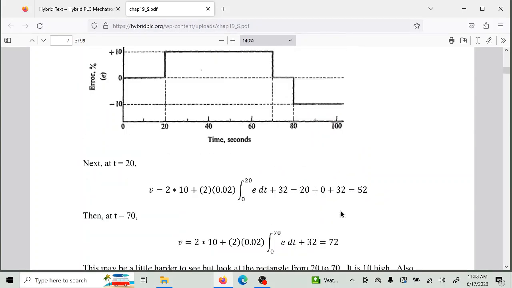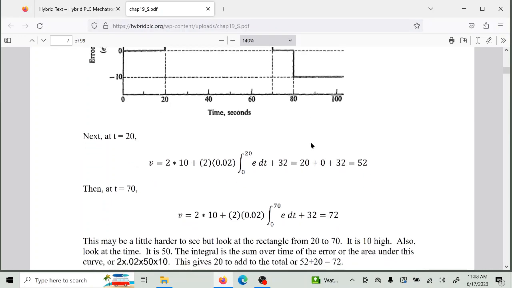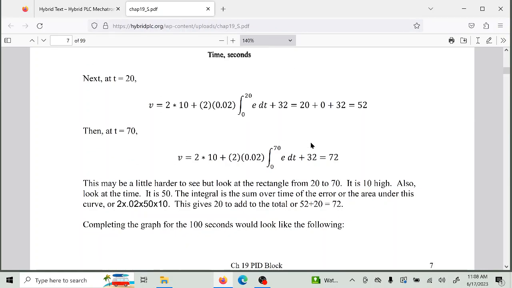Now you can complete this and start calculating the error even further. At the end of this chapter, there is an example for you to practice on as well. But basically, this gives you an idea how this PID controller works. As you're looking at a PID controller, remember this equation. Every time you execute this equation, you're actually doing this little piece right here.